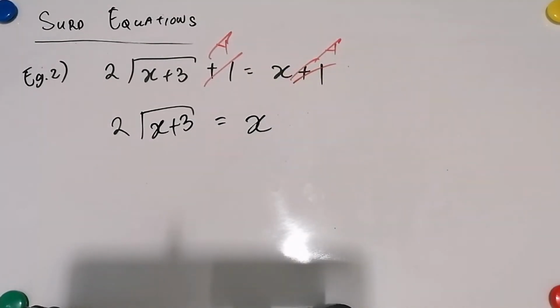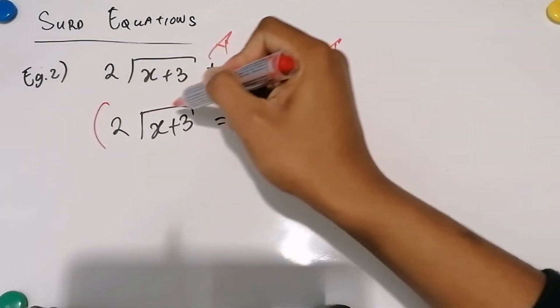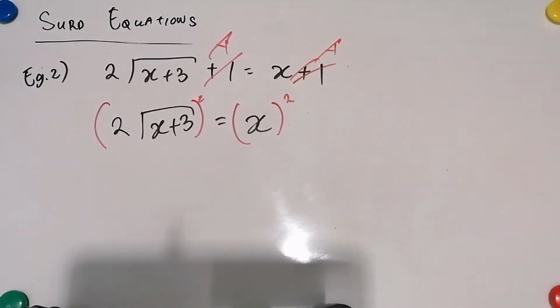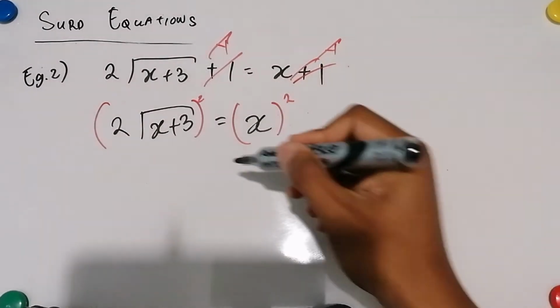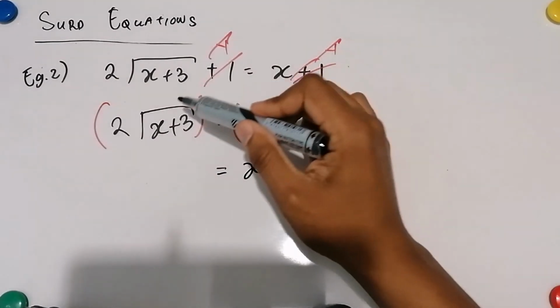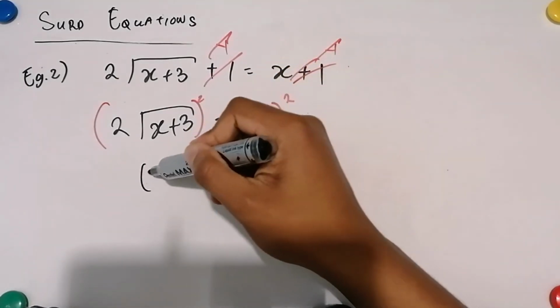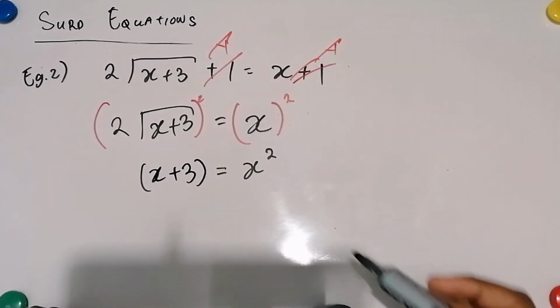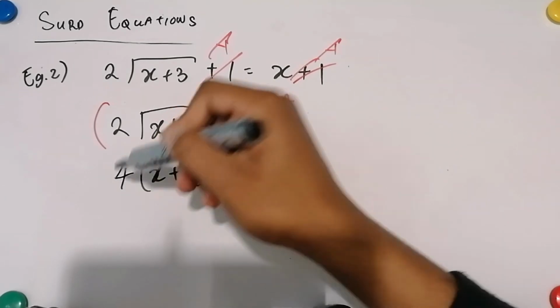Okay. Now that you've isolated the surd, you can square both sides. On the right hand side, you'll just have x squared. On the left hand side, the surd falls away and you have to square the 2 that's outside the surd, which gives us 4.